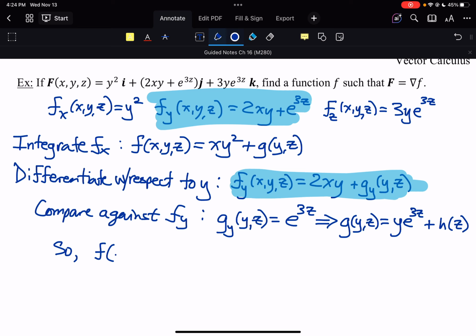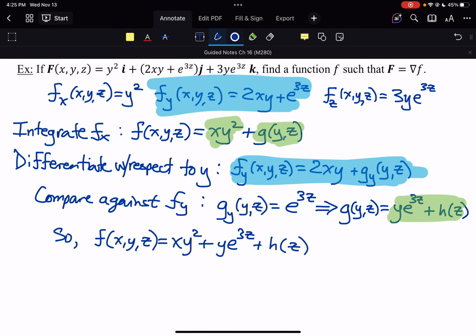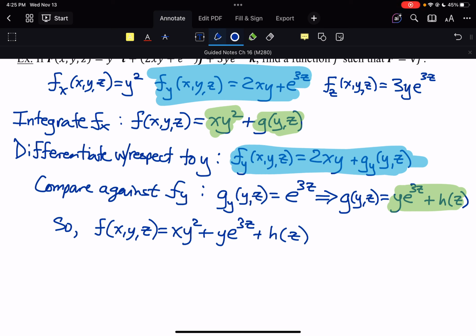So now checking in with our original, we have xy squared plus g, so plus y e to the 3z plus our unknown function of z. So now we still have one missing piece, but we still have one partial derivative we haven't worked with yet. So we're going to go ahead and now differentiate with respect to z.